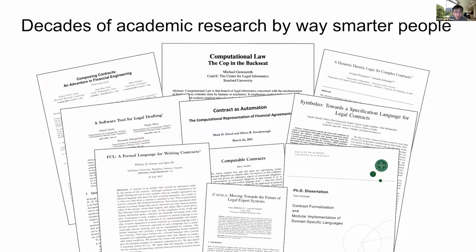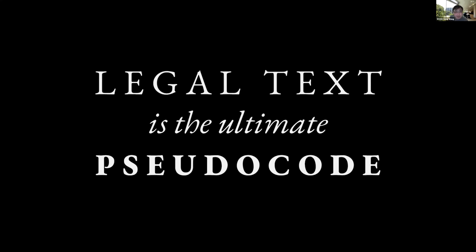But we begin with the observation that legal text is the ultimate pseudocode. If you think about it, it's a self-modifying specification language with arbitrary system calls to the real world. The weird thing about this language is that it's interpreted not by machines, but by humans. Coming from a software background, all of this struck me as absolutely perverse and also an opportunity.